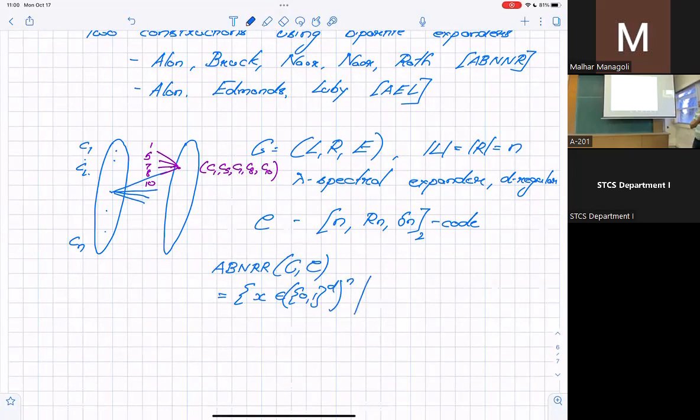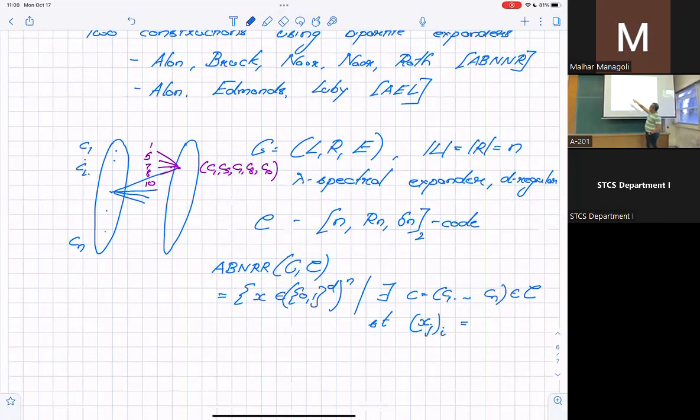I'm going to write this way. It just states that there exists a C equals C1, C2, ..., Cn in this code such that X_j, the jth vertex, ith location, what should it be?